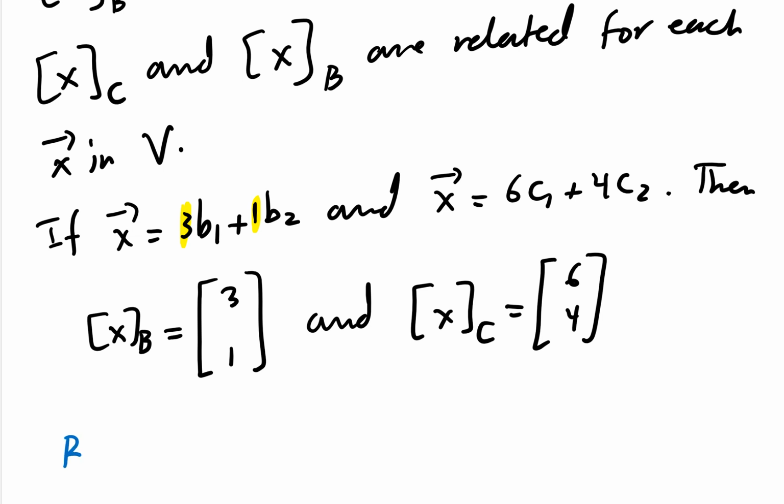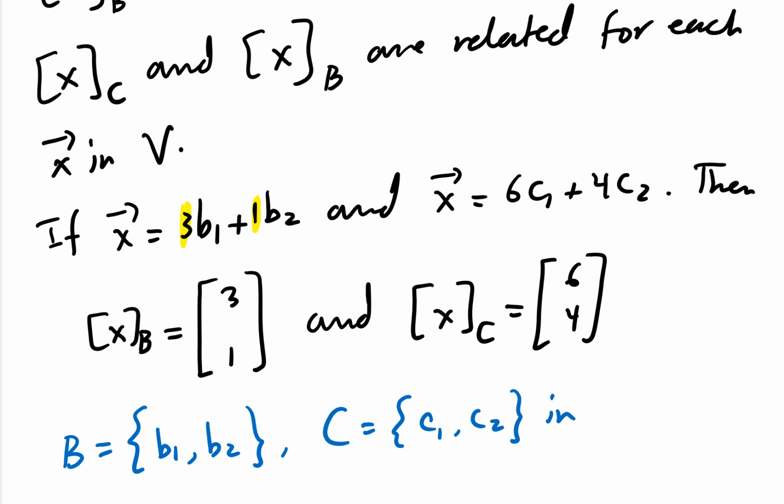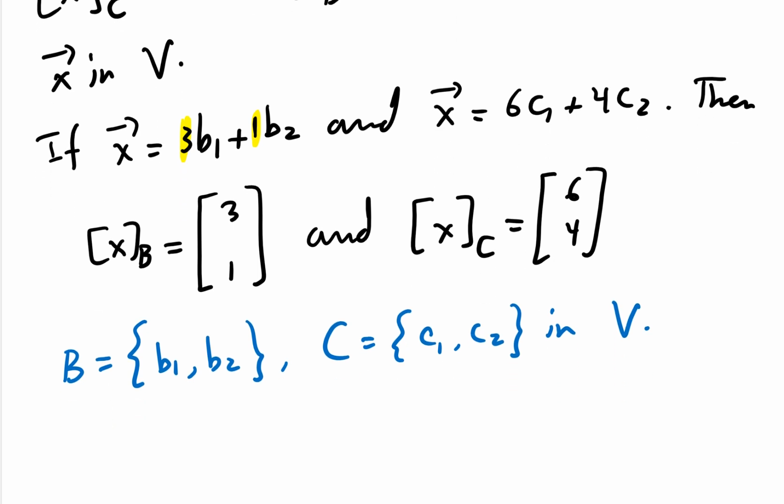Let's say now, as another example, B has the vectors b1, b2 and C has c1, c2 in the vector space V, where b1, b2, c1, c2 are related with these equations. b1 is 4c1 plus c2, and b2 is negative 6c1 plus c2.